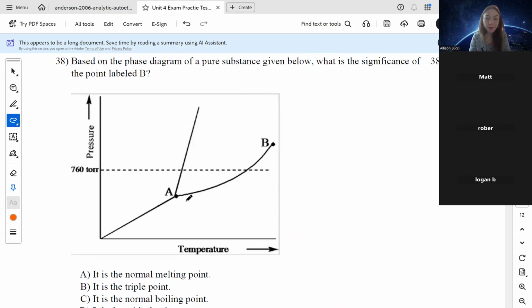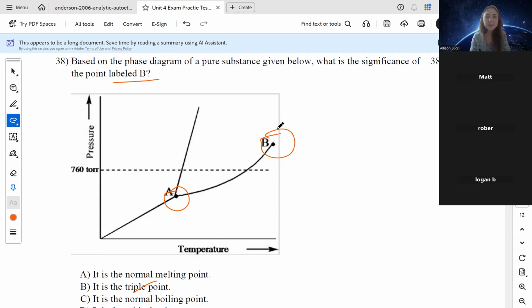So if you recall, this is my triple point here, where I have all three phases of matter present at one time in like this equilibrium state. So I have solid, liquid, and gas at A. That's my triple point, but that's not what B is. We're asked about B here.